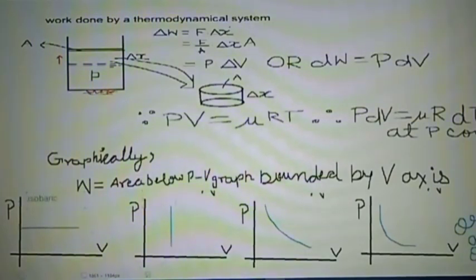And other than these, there can be any other shape of that PV graph, whatever it is. But ultimately, if we take the area below that graph bounded by the volume axis, we can find the work done by the system for that thermodynamical process.